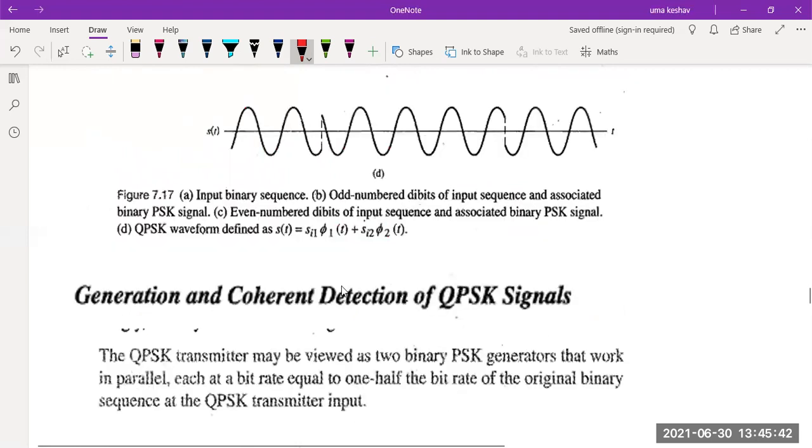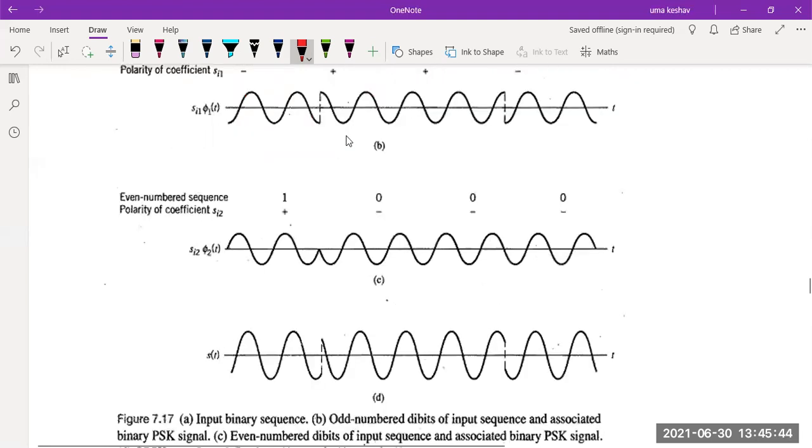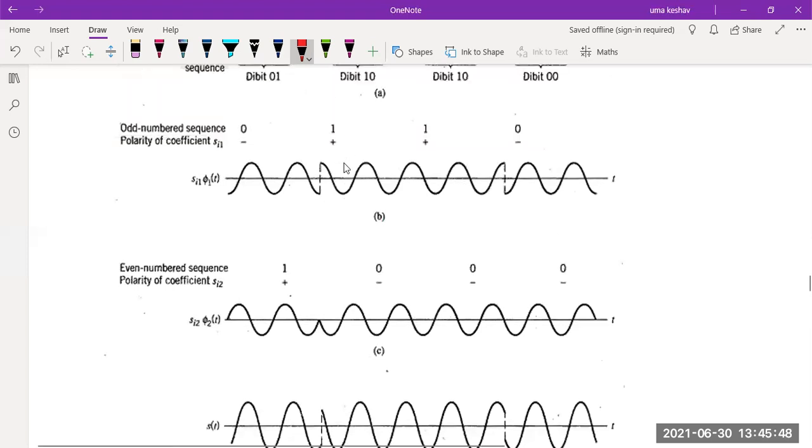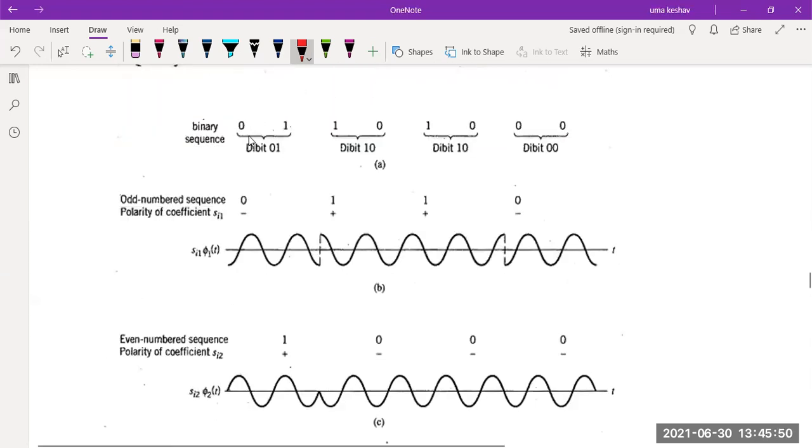So based on this, let us try to analyze how we are going to draw the waveforms. You can see, let's consider the binary data sequence as this. This is the sequence and we have divided it into pairs known as dibits. First, the odd numbered sequence gets multiplied with a cosine.